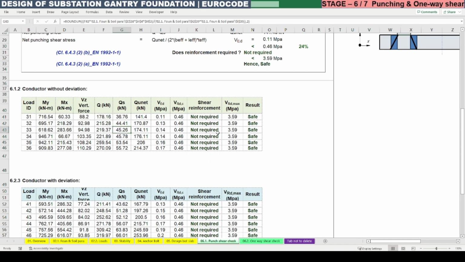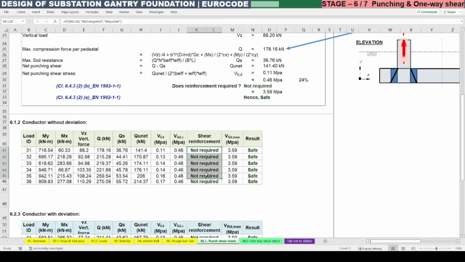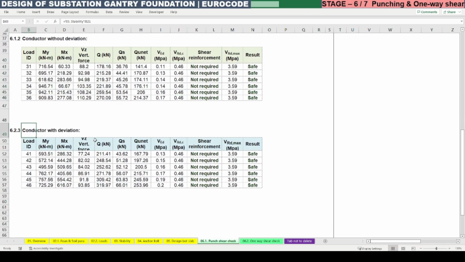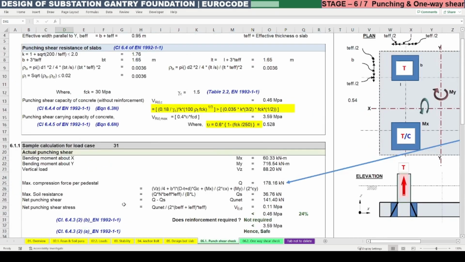All the load cases are summarized and we checked for all the load cases whether the reinforcement is required or within the shear limit, and we found it is not required for all the load cases, and also the VRD max is higher than the VED. Likewise for the conductor with the deviation also we checked, that is load case 41 to 46. So this is all about punching shear.